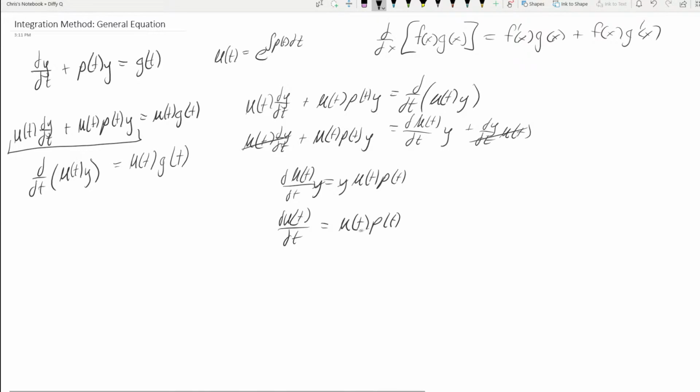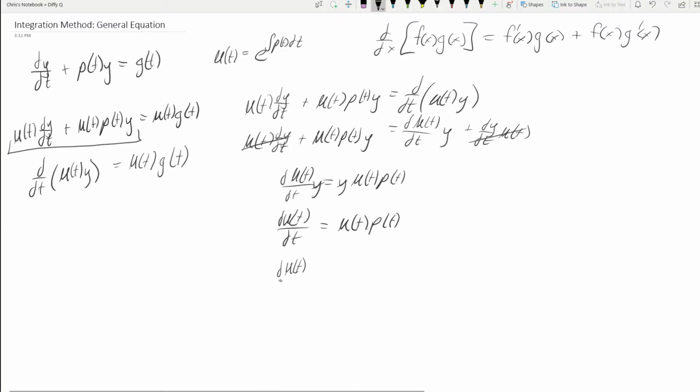So now we're going to do something that we've done before, which is separation of variables. We're going to bring this mu(t) over here and bring over this dt. So we're going to have d mu over mu(t) is equal to p(t) dt, and then we are going to integrate both sides.